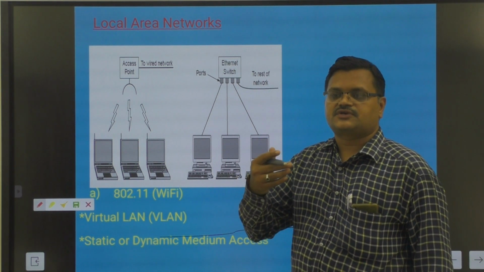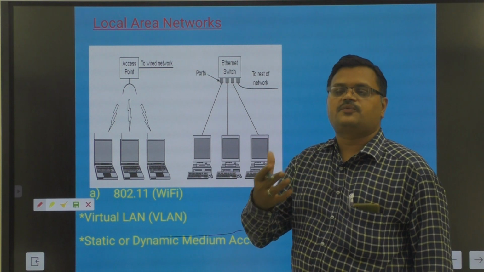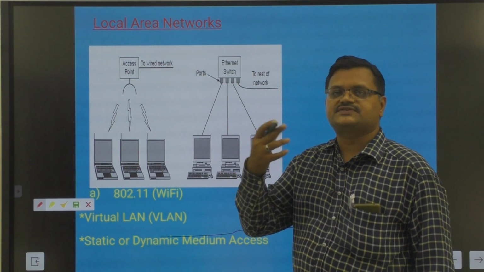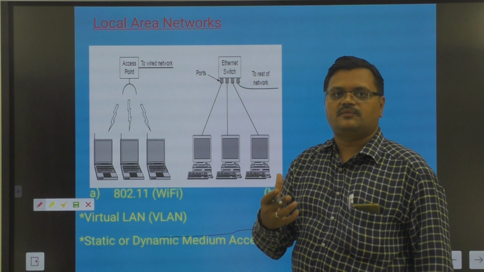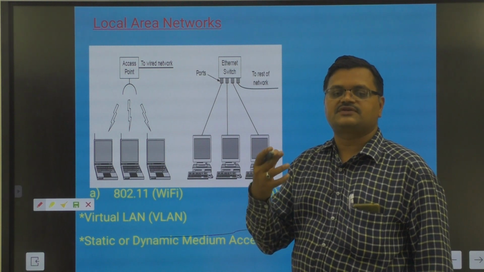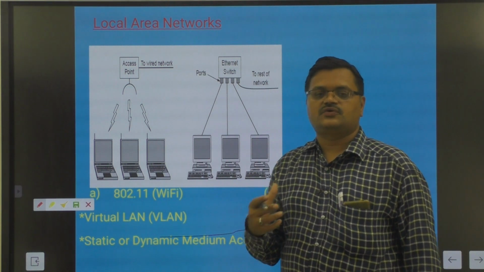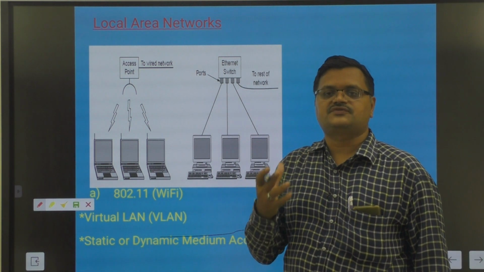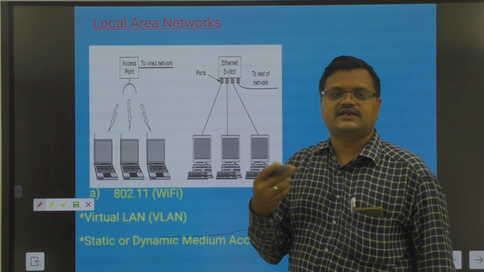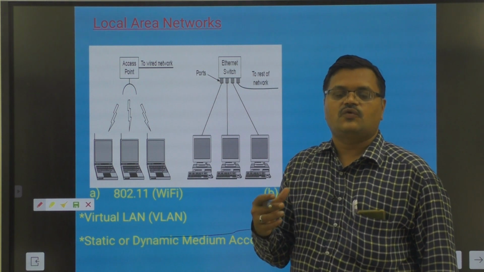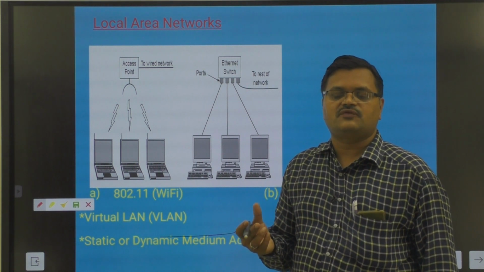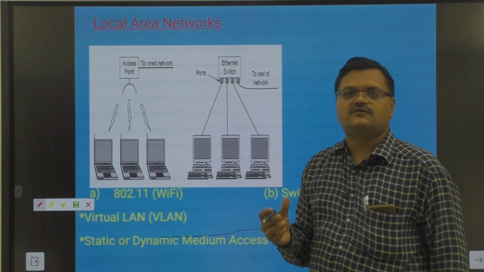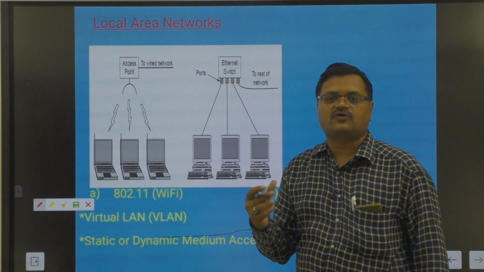Suppose in case of a point-to-point connection, more than one system is connected. Any system can request a channel. Due to competition, only one system will get access to the channel, but not all.